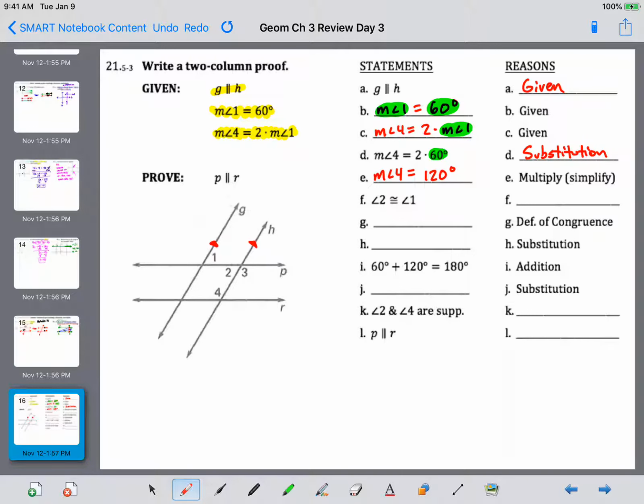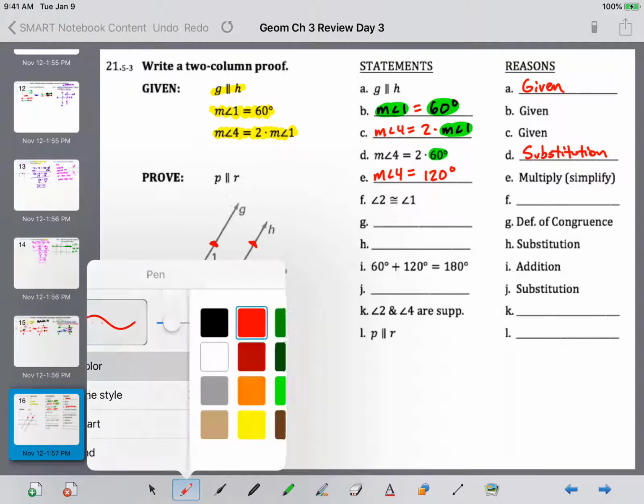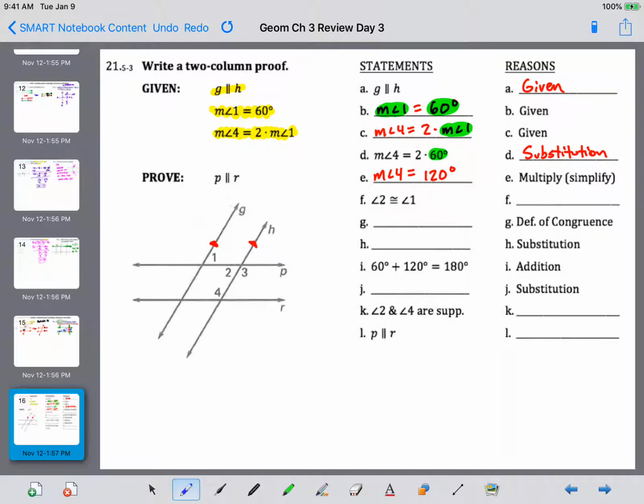All right, now to figure out part F, we're going to have to look at the picture. They tell us angle 1 or angle 2, this angle here, is congruent to angle 1. Well, if you look at that in relation to lines G and H, those two angles are alternate interior angles, and we know that alternate interior angles are congruent if the lines are parallel.